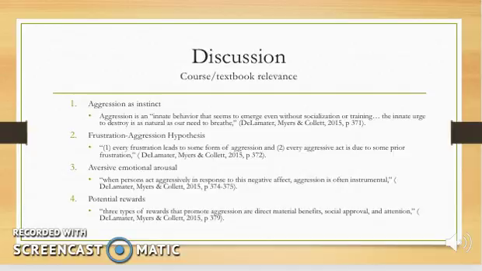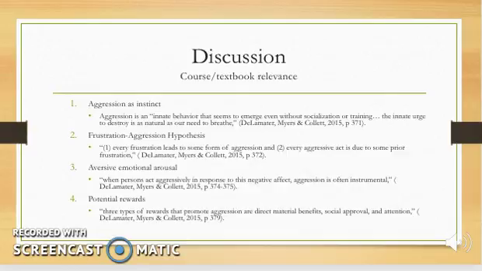Through the textbook readings, I was able to notice that there are four main reasons as to why aggression happens. The textbook explains that aggression is an instinct.